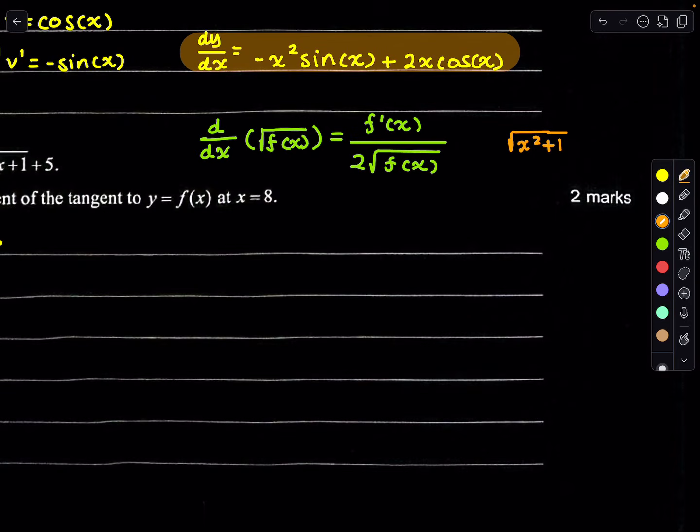When you want to derive something like that, can you see how the function inside is called, in this case, f of x? You derive that inner function, which is basically just 2x, over 2 root f of x. You know how f of x is the inner function? Just rewrite the inner function. And that is it. That's how you derive any square root functions using this rule over here.